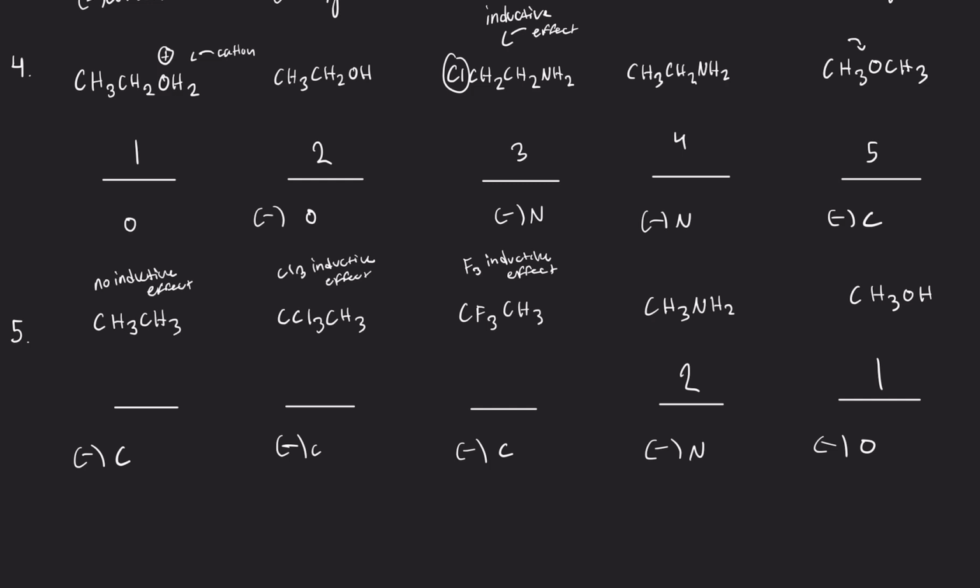The more electronegative the halogen is, the stronger the inductive effect will be, and thus you would have a more stable conjugate base. Between the Cl and the F, F is the most electronegative, so it's going to be more stable. So this is going to be my 3. Then we have 2 molecules. One doesn't have the inductive effect, one does. The one with the inductive effect is more stable. So that's 4. And this is 5.